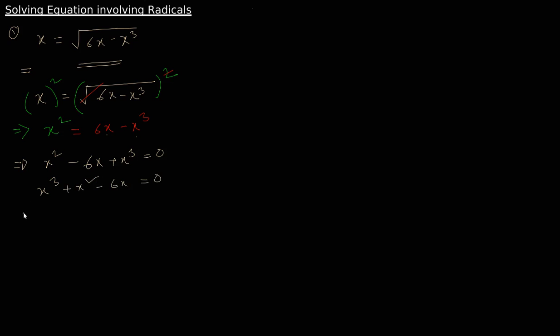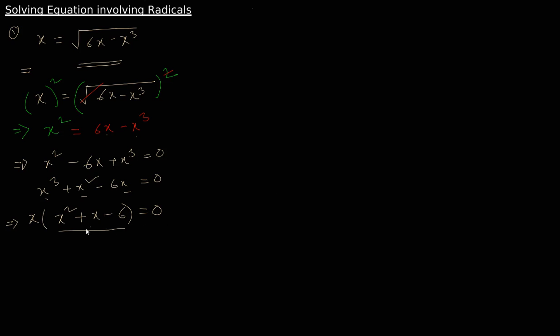Let us now take x common from all these terms. So I have x multiplied by x square plus x minus 6 equal to 0. As you can see, this is a classic quadratic equation. We can solve this quadratic equation by factoring or many other methods.